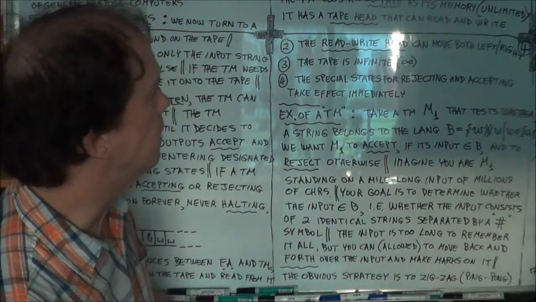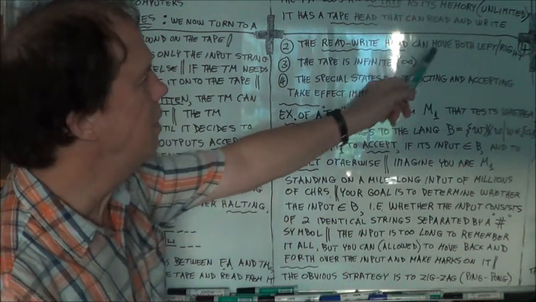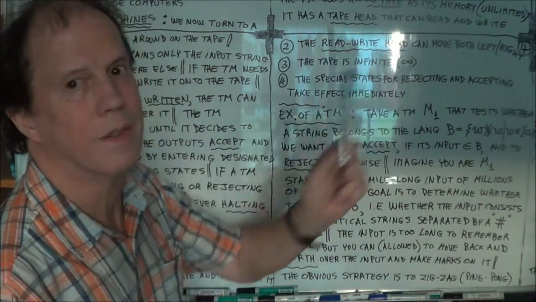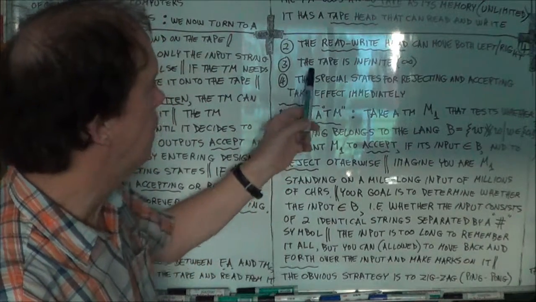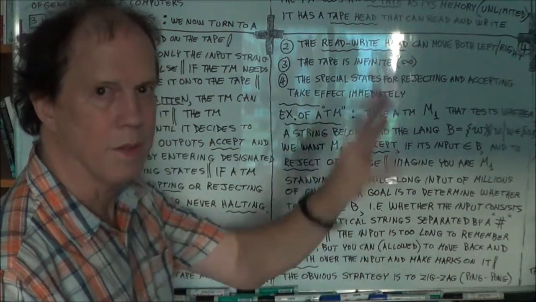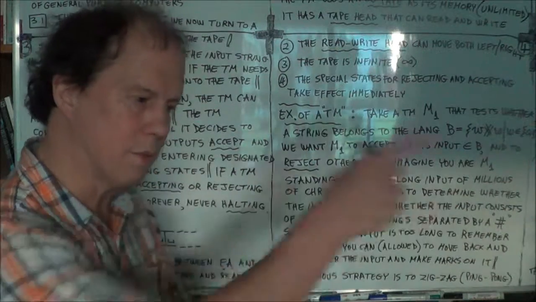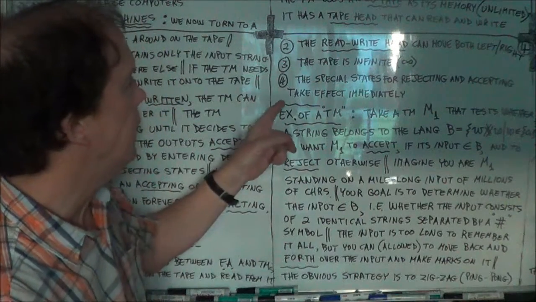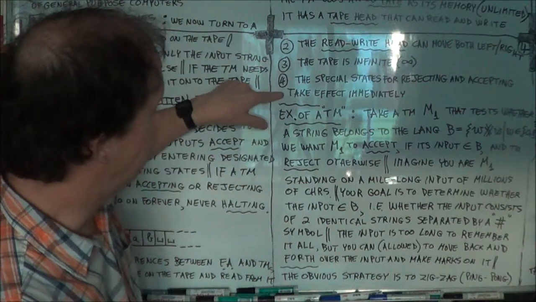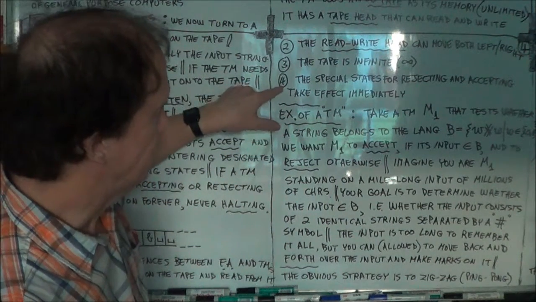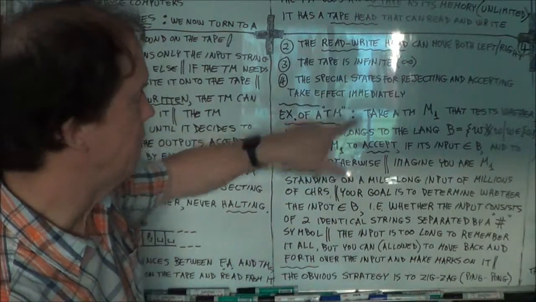The second thing is the read-write head. It can move both left and right, one square either side of the current position. The tape's infinite. It just goes on forever, either both ways or just in one direction. And now here's some real information that's maybe a little surprising.